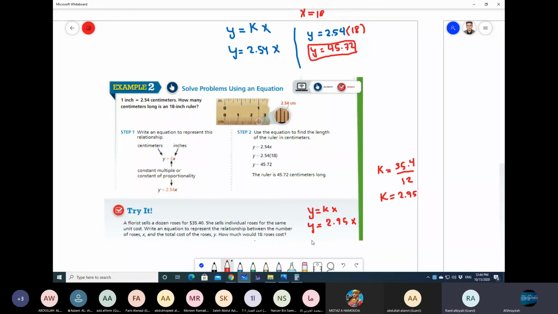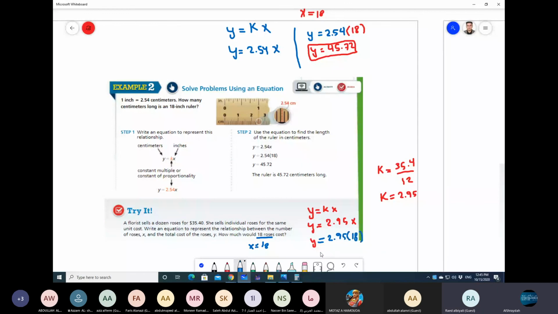So you have to substitute x equals 18. So y equals 2.95 times 18.